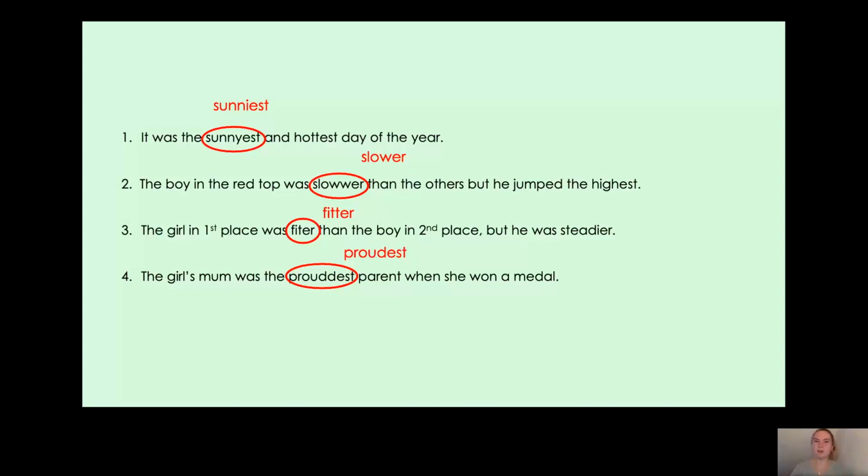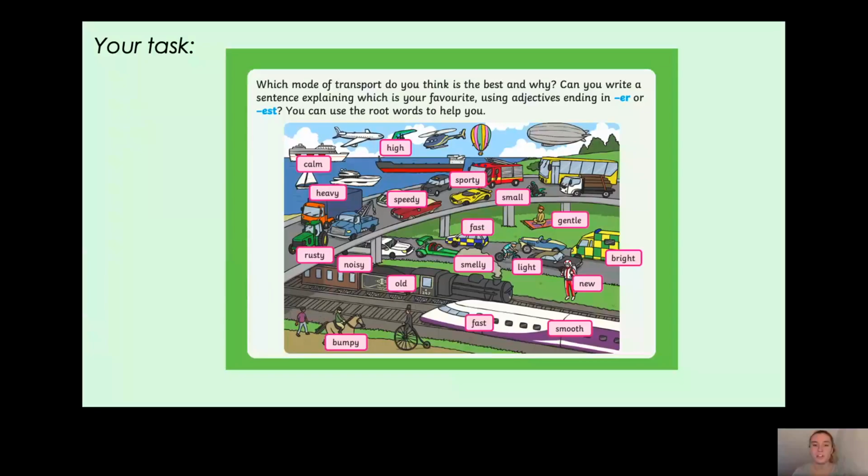So now it's your turn. You'll find this picture on your worksheet, Year 2 Phonics, 21st of January, Resource 1, okay? And what I'd like you to do is like I did with the picture of Sports Day, I want you to write some sentences using the suffix er for comparative adjectives and the suffix est for some superlative adjectives.